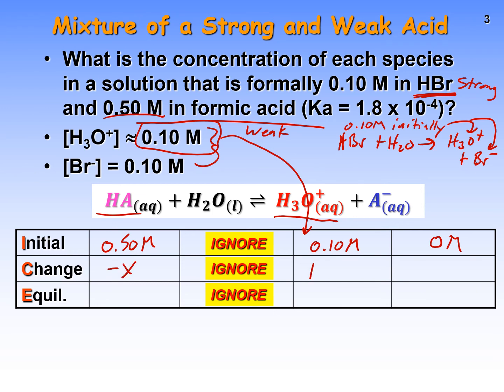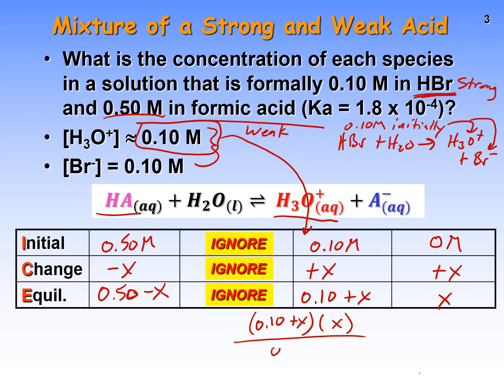Now at this point we can fill in our ice table as per usual. We do minus x, plus x, plus x. We get x, 0.10 plus x, 0.50 minus x. And we can set this all up and set it equal to our Ka value, right? So 0.10 plus x times just x, all over 0.50 minus x.